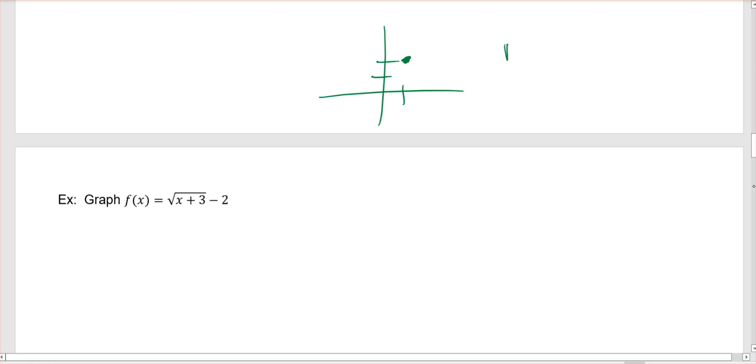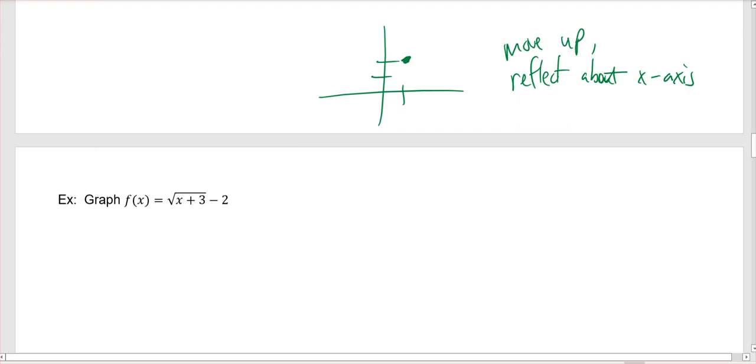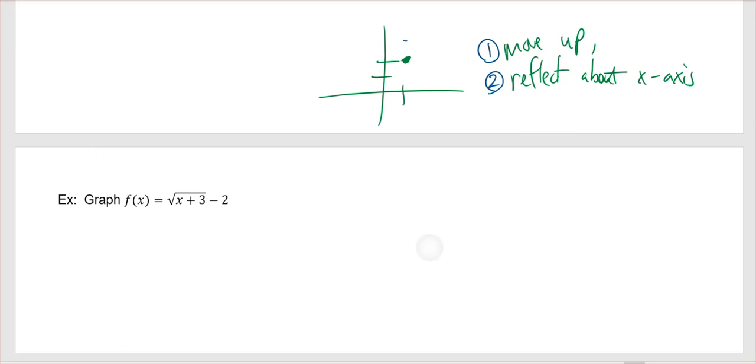So if I want to move up, reflect about the x-axis, if we wanted to do both of these things, does it matter which order we do it? So if I do this first and this second, well, I would go up here and I would reflect about the x-axis, so I would be down at -3, right?